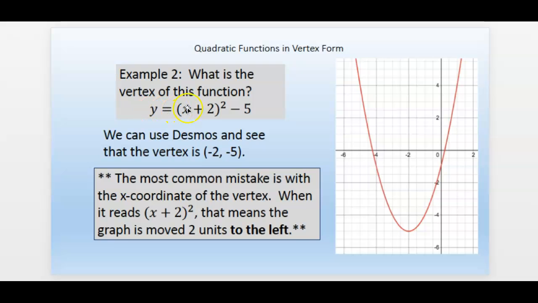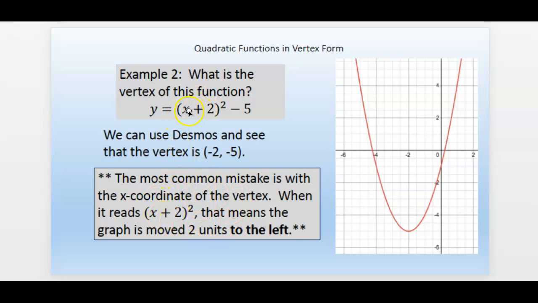Next example, if it says plus 2 minus 5. Again, we can use Desmos and put it in there. The opposite of what's inside here, that's negative 2. And exactly what's outside here, that's the y coordinate, minus 5. So it's negative 2, negative 5. It's down here where the vertex is. Again, here I'm talking about the most common mistake.